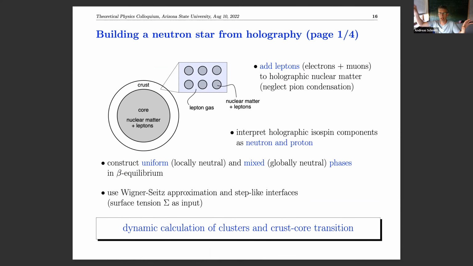So you can interpolate from one to the other. Then in between them, you would have to go over a maximum in the free energy, and that costs energy. That's what the surface tension is across these interfaces. So I could calculate that in principle by constructing this interface microscopically.